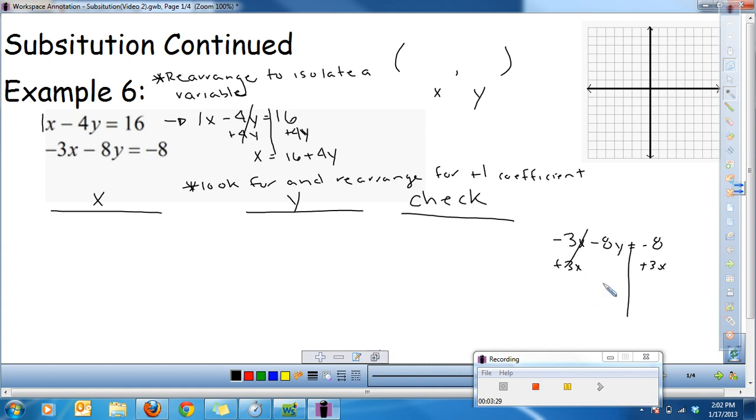These would cancel. I would get negative 8y equals negative 8 plus 3x. Then I'd have to divide by negative 8. And I would get y equals positive 1 minus 3 over 8. Whoops, I forgot to put my x here. 3 over 8 x.